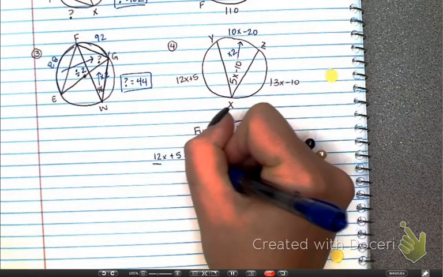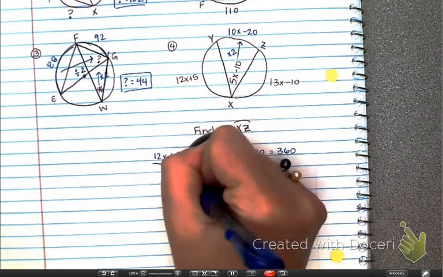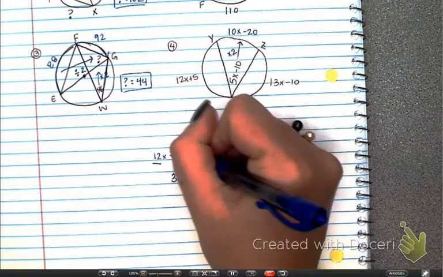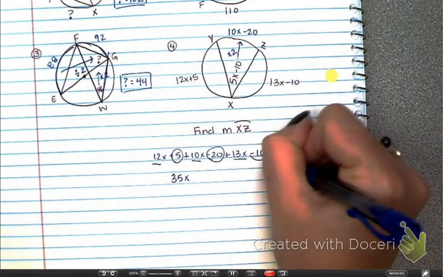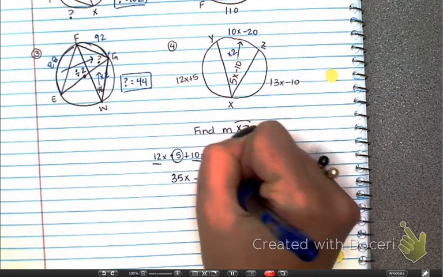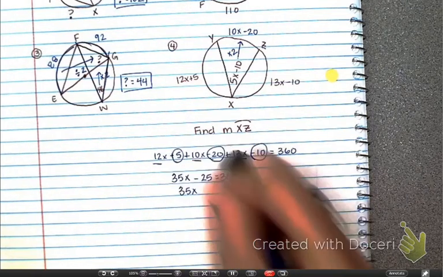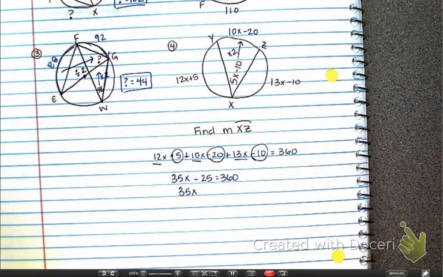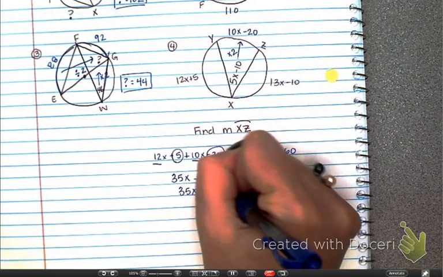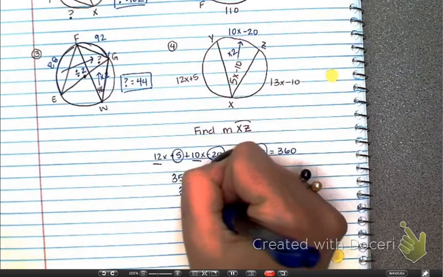So 12, 10, and 13 gives you 35x, and then you have 5, negative 20, and negative 10, which gives you negative 25, and that equals 360. Add 25 to both sides. And divide by 35, you end up with x equals 11.